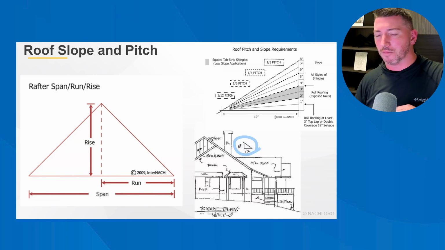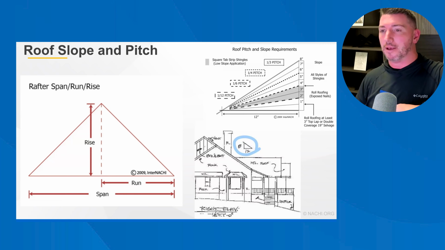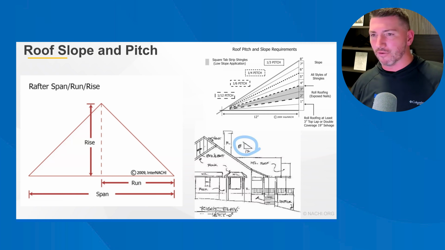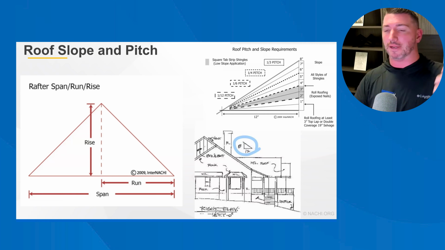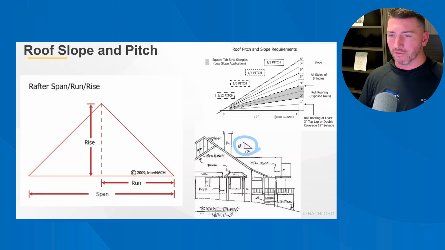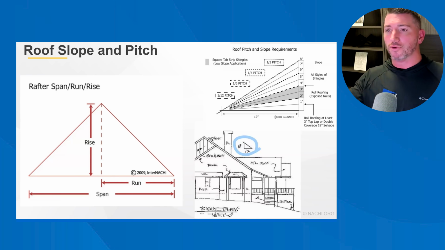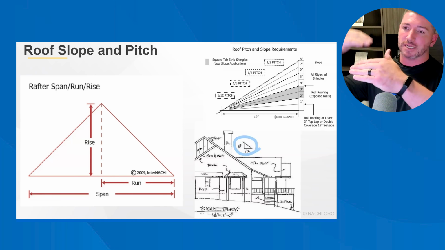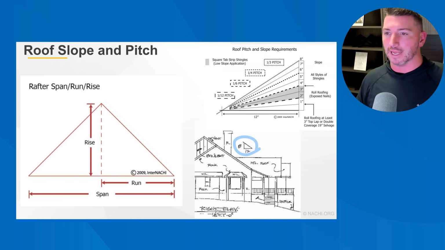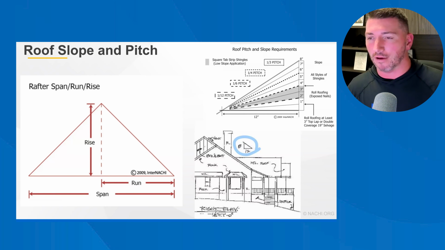You would have to do a double layer of underlayment, and you achieve that by, instead of overlapping at 6 inches, overlapping at 18 inches, and the roll is 3 feet. So you overlap two rolls, 18 inches and 18 inches, and you end up with a double layer application of underlayment.